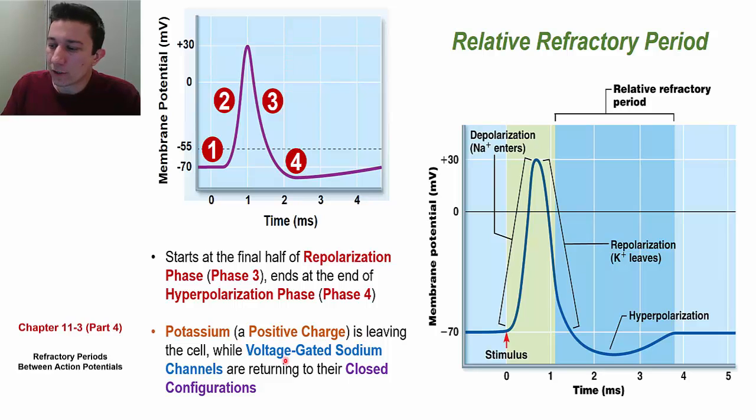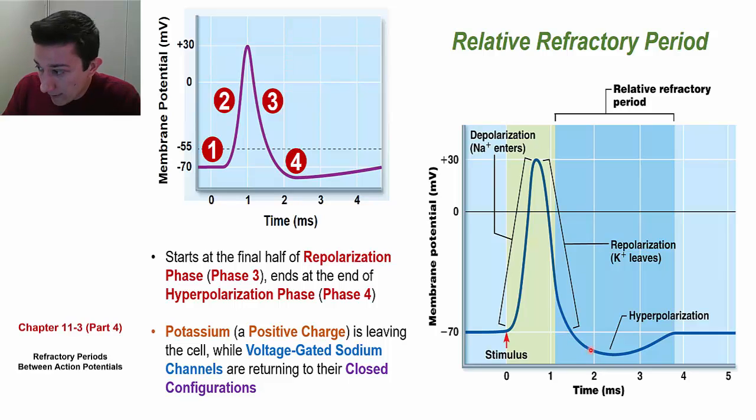And voltage-gated sodium channels are beginning to return to their closed configuration, so a new stimulus can open them, but not all of them have returned to their closed configuration. Some of them are still in their inactive configuration, which means that a stimulus isn't going to get them to open. Because of that, if a new action potential were to form during the relative refractory period, it would have to be very, very strong just to reach threshold.